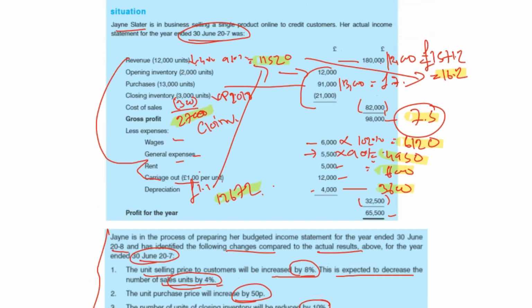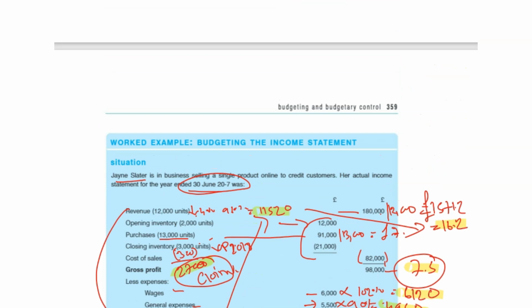Oh, hold on. Purchases. Now this closing 3,000 becomes opening, and we got the closing for 2018, which is 2,700. How much are the purchases? Let's work it out. This is an interesting one. Opening inventory plus purchases less closing inventory. Opening inventory is 3,000 units.